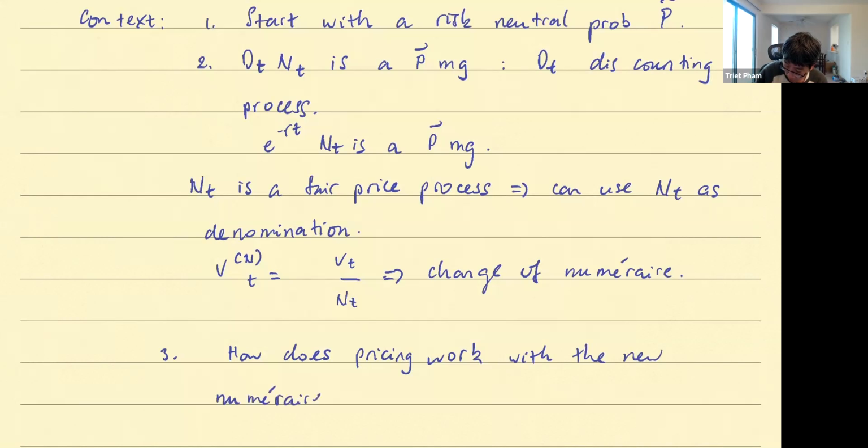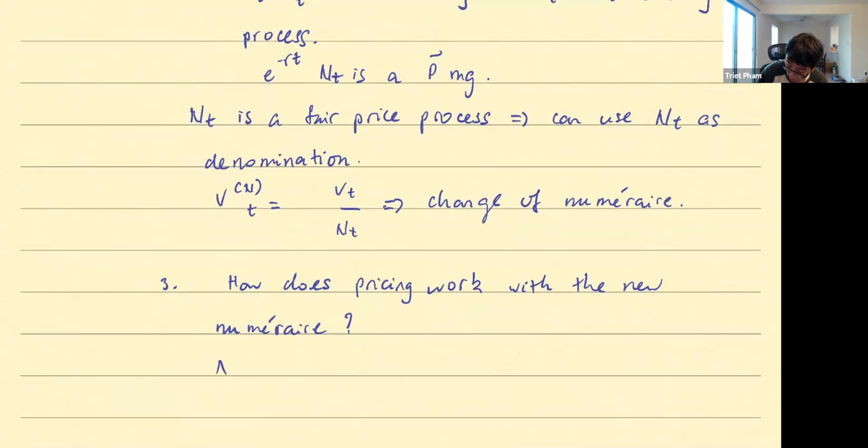So here, together with introducing a numeraire, the answer is, first of all, we have a new measure. We have a new probability associated with the numeraire itself. And basically, it's a change of measure kernel.